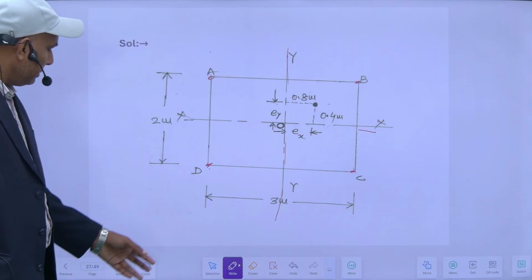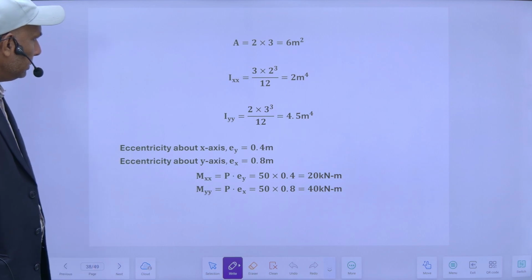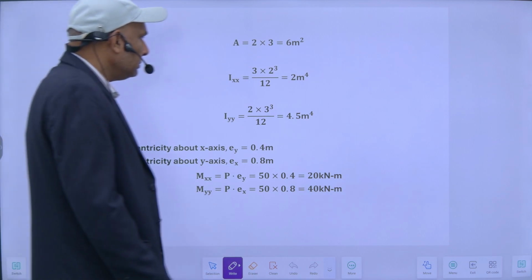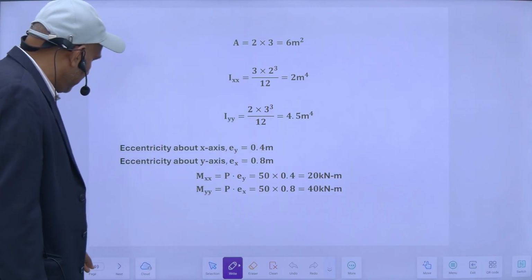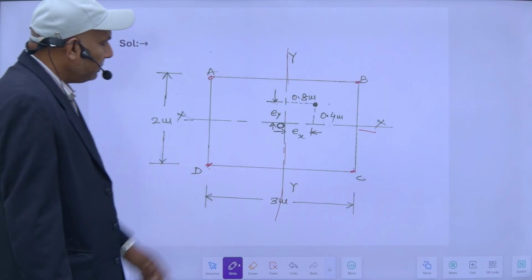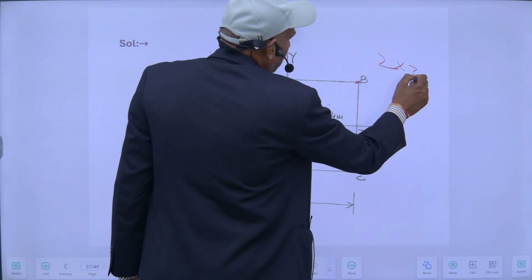So this is the section. Its area is 2 into 3 meter, 6 meter square.